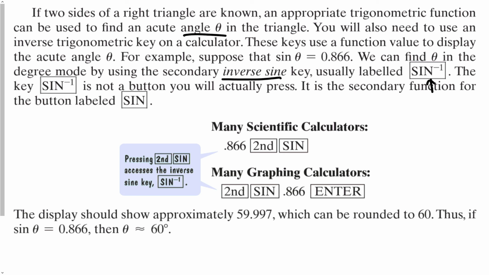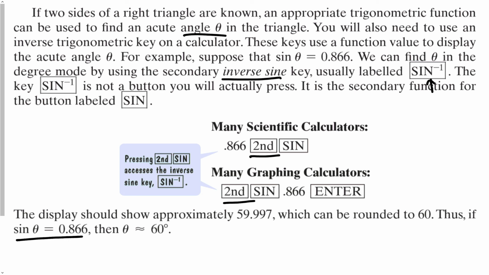We're not really going to need the reciprocal identities. Figure out where it is on your calculator, figure out how to get there. Most of them are going to involve pressing a shift or a blue button or some sort of second function button to get up to the little writing above the word sine.